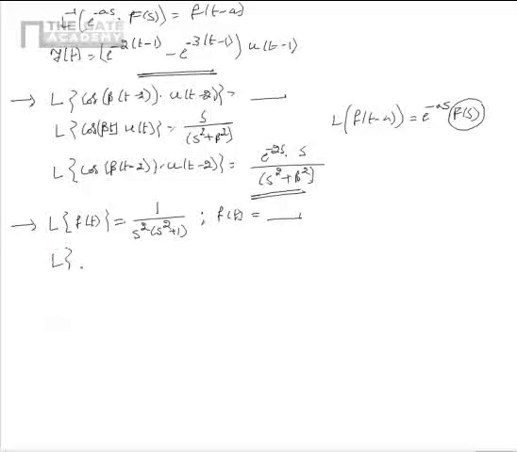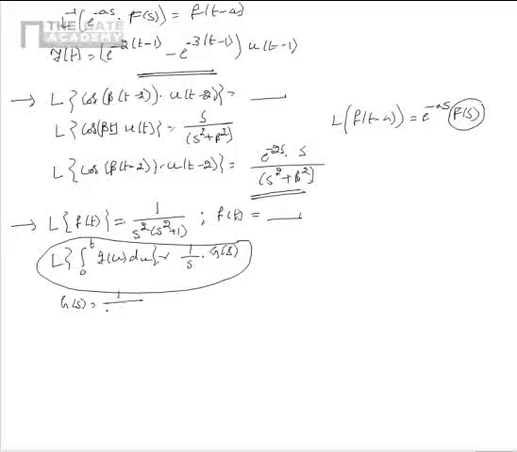We know that Laplace transform of integral 0 to t g of u du is equal to 1 by s into G of s. So we use this identity to find f of t. Let G of s is equal to 1 by s square plus 1.